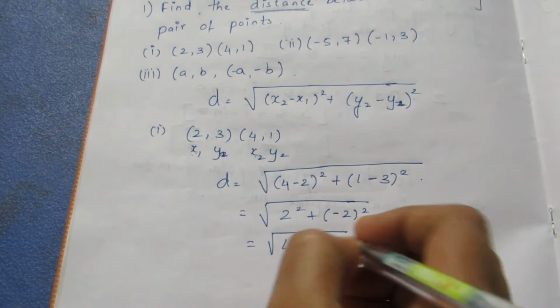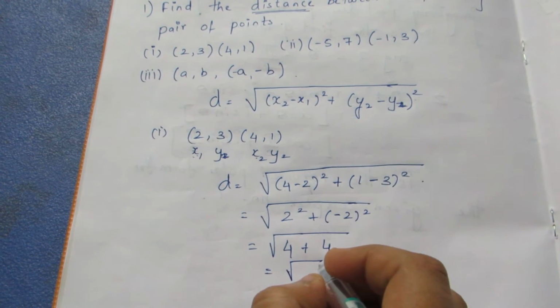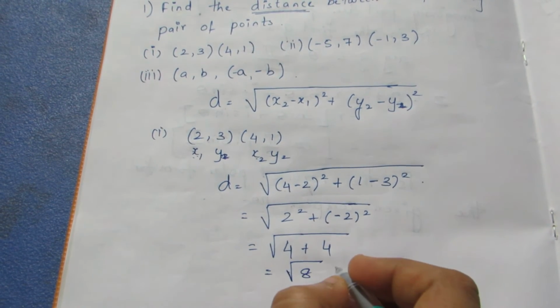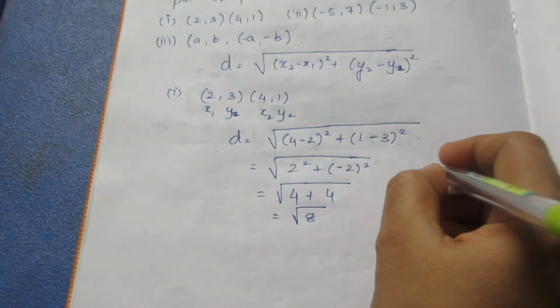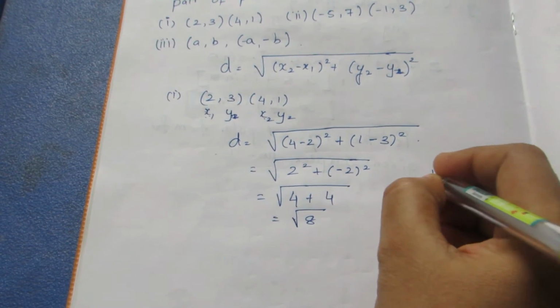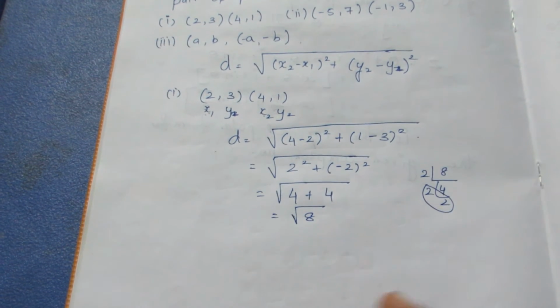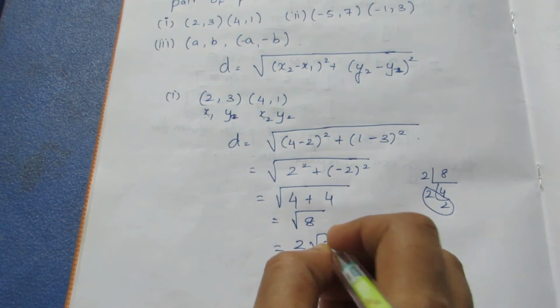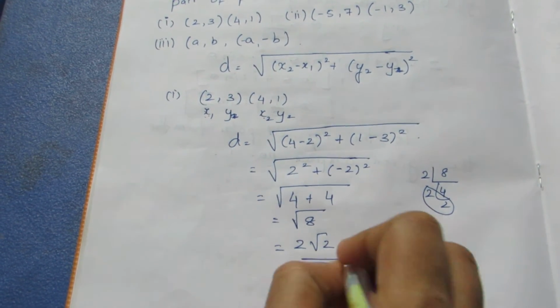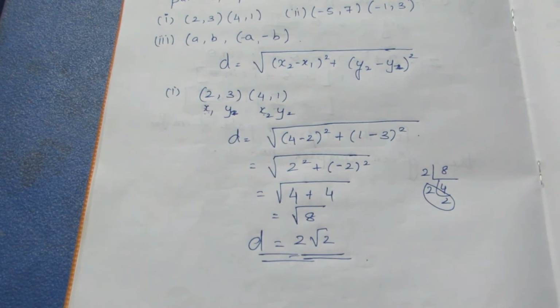So here also it is plus. 4 plus 4 will be root 8. We need to do prime factorization and take root out. No need of long division, just take a prime factorization. 2 twos are 4, 2 twos are. If there is 2, 2, take one 2 outside, so this becomes 2 root 2. So the distance for the first sum is 2 root 2.